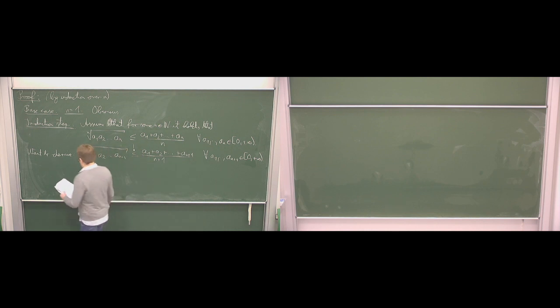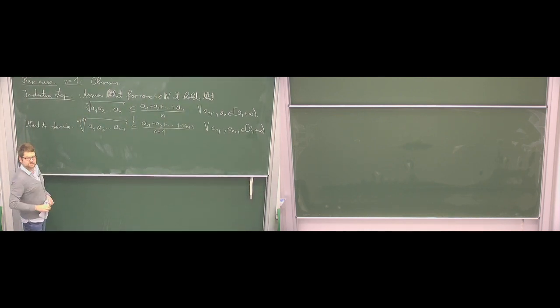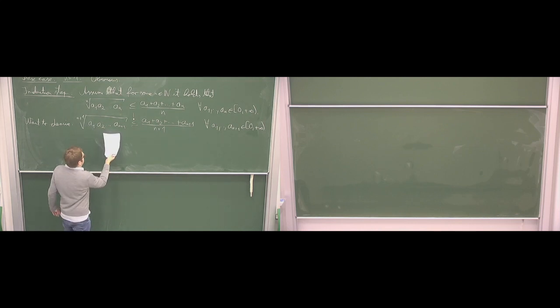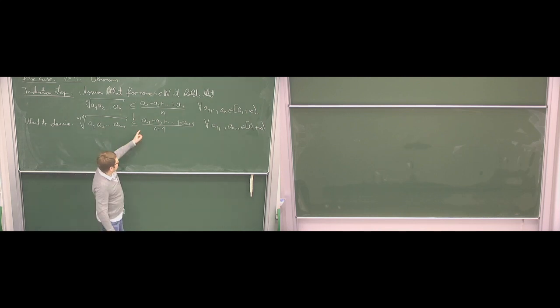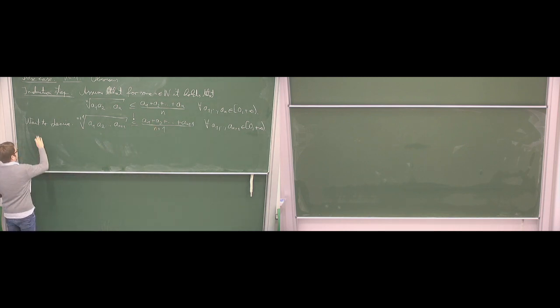Okay, then first of all, an observation: if one of these numbers is 0, then the statement is obvious, because then the left-hand side always becomes 0, and the right-hand side is obviously non-negative, because everything is non-negative. So there's no need to show anything if one of the factors is 0.